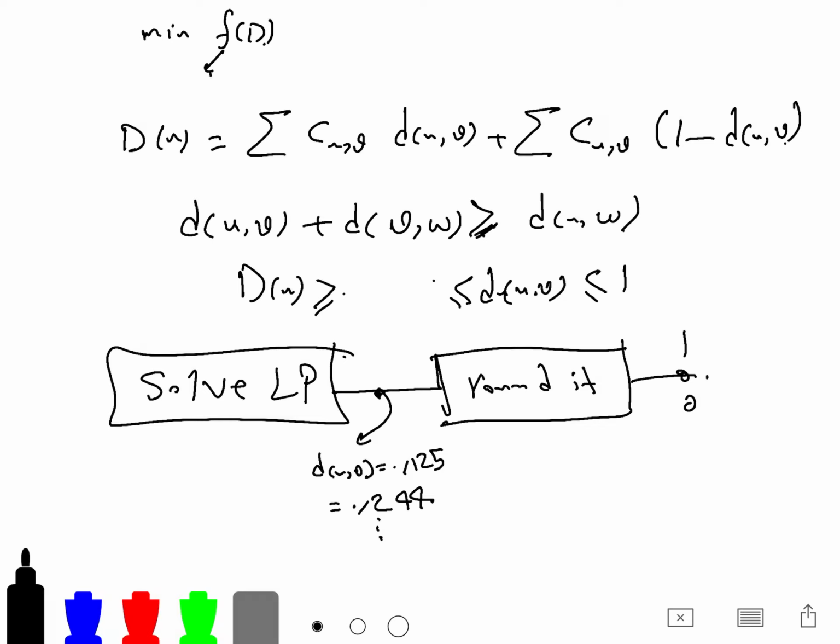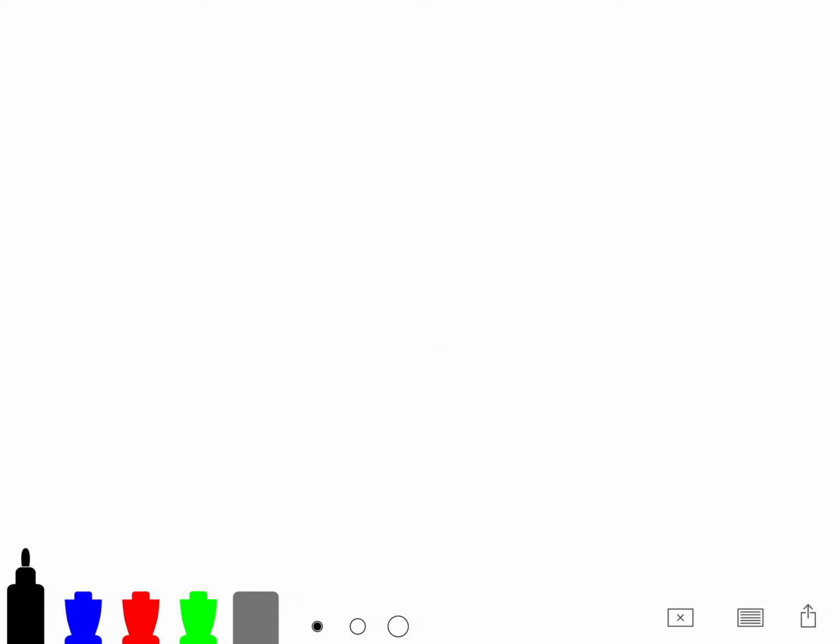And you can de-randomize your randomization algorithm. Since the integrality gap of n over 2 is big, the lower bound of the linear LP relaxation is not tight. So we use a different lower bound.